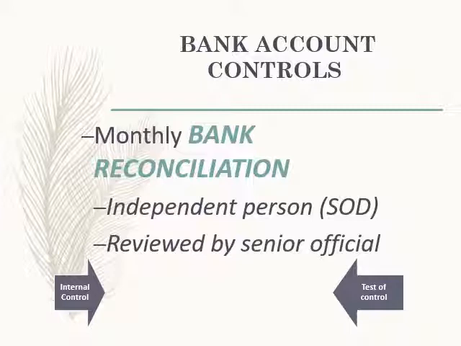The fact that the reconciliation is performed is already a control, but on top of that, it is reviewed by a senior official, and it is prepared by an independent person who does not deal with the receipt and the payment of cash, for that segregation of duties, and appropriately reviewed by a supervisor or senior personnel member.